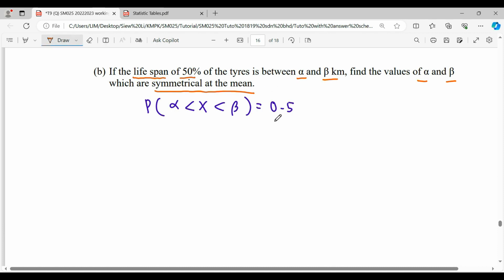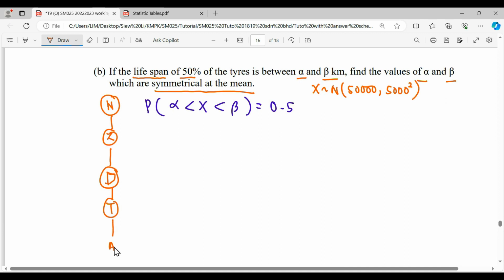So we notice here our x is still talking about lifespan, where x is distributed normal with mean 50,000 and variance 5,000 squared. So in this kind of situation, we start our questions by answering in the state of normal. Then we change it to z-score. Then we draw and we find out the table for the answer.